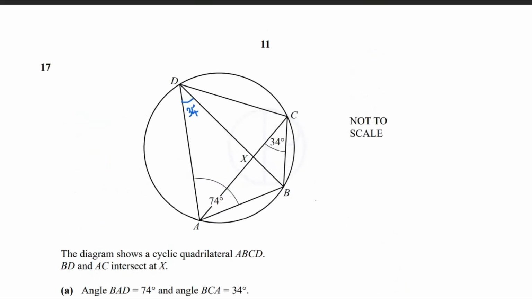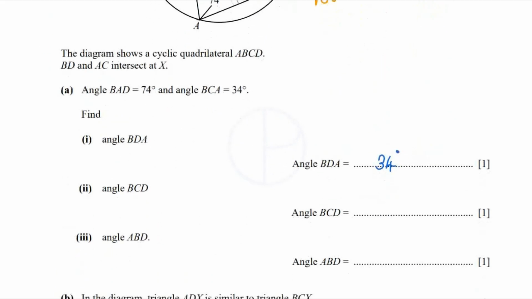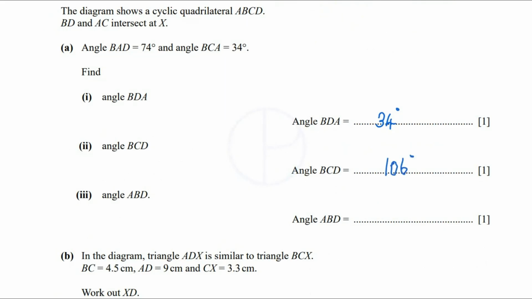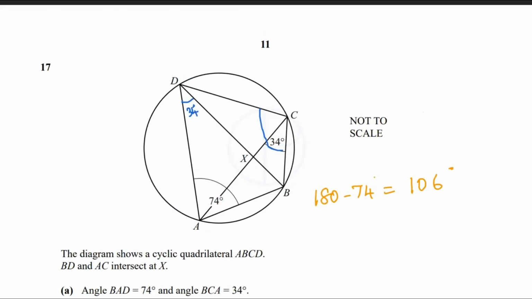Angle BCD. So this angle we have to find. Angle BAD is 74. Opposite angles in a cyclic quadrilateral add up to 180. So 180 minus 74 is 106. So angle BCD is 106. Next, angle ABD.